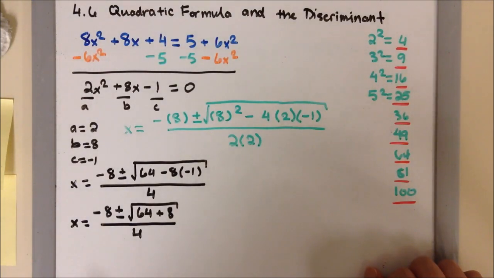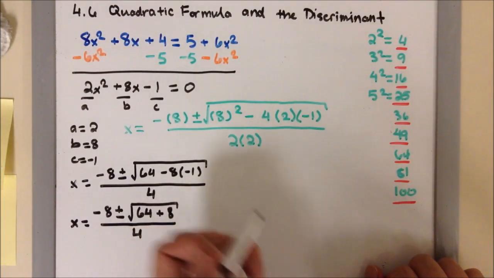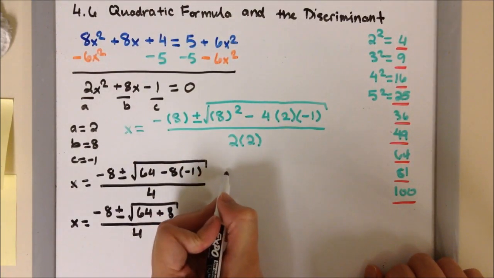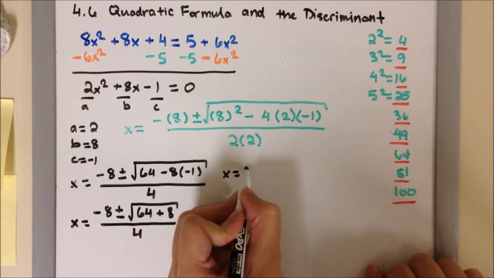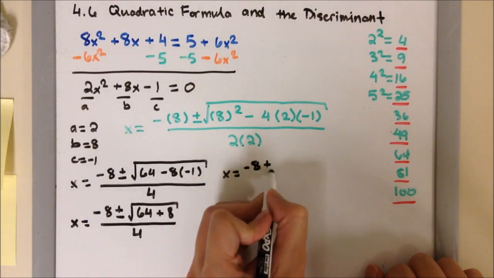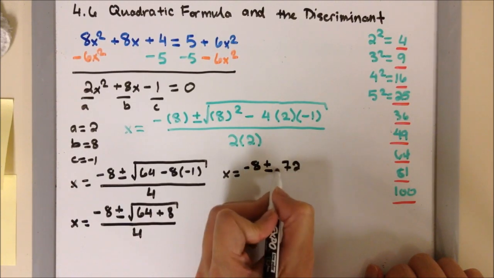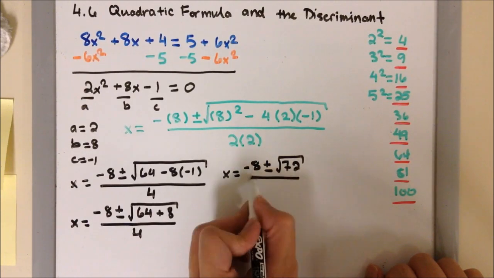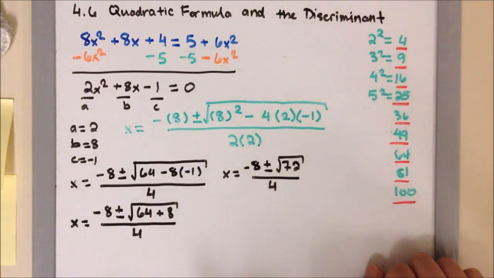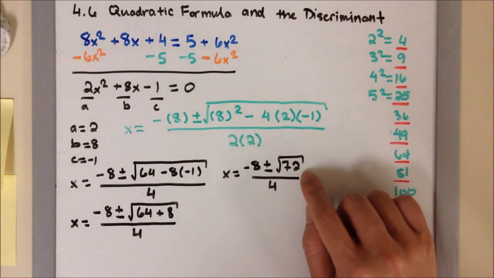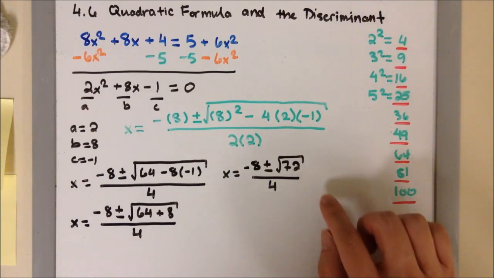So from there, when you simplify 64 plus 8, you're going to have x equal negative 8 plus and minus square root of 64 plus 8, which will be 72, over 4. So you can actually simplify the square root of 72.